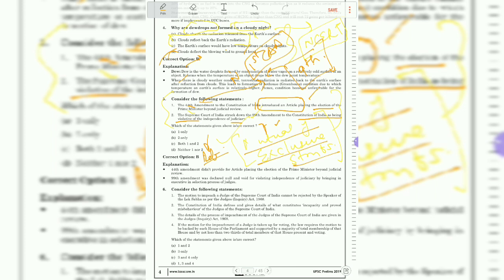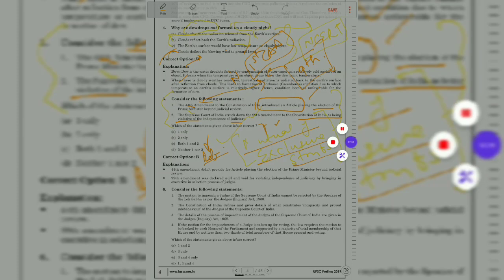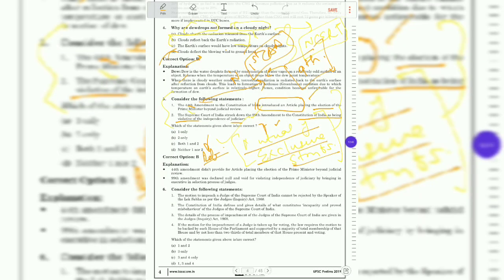So the current position is any particular act can be reviewed by the Supreme Court. Another fact is it also comes under the jurisdiction of what? The case goes to the High Court, right? Though there is no such election of the Prime Minister, because generally the election to Lok Sabha is reviewed by the High Court.